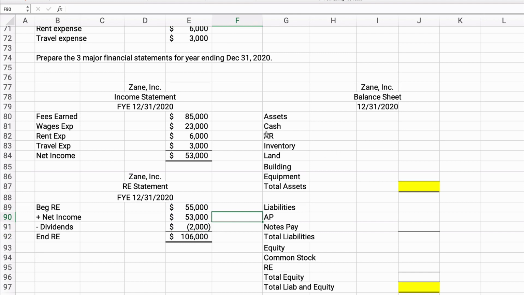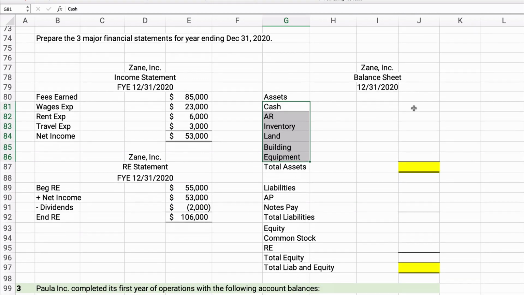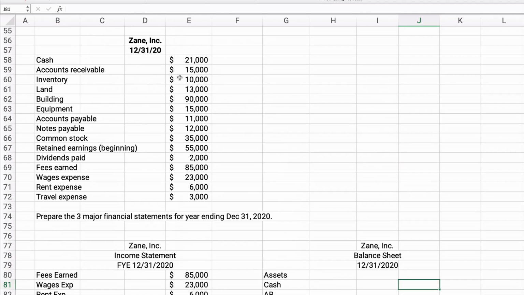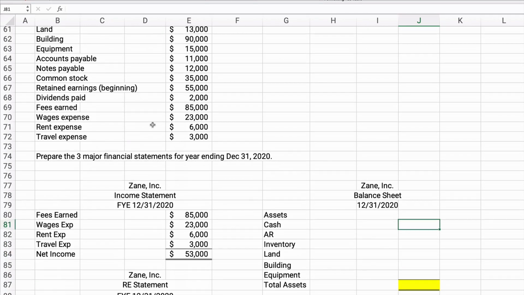$106,000. Now, I've listed all the assets over here on the balance sheet, so let's just put those numbers in. I'm just going to type these numbers in. It'll be maybe just a little bit faster, but cash is given, accounts receivable is given, inventory is given, land, building, equipment.